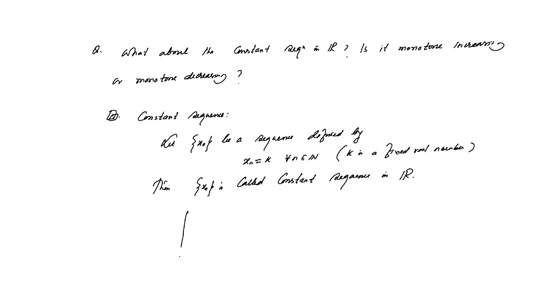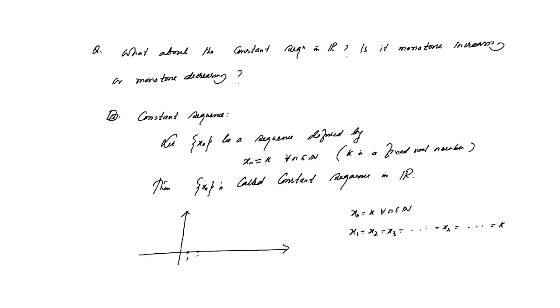Now if we think about the graph of the constant sequence xn equals k, for all n belongs to natural number, that means x1, x2, x3 and so on, xn, all are equal to k.